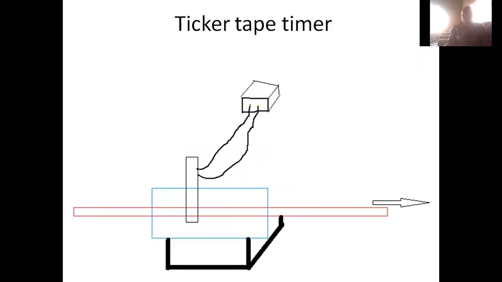Well, a ticker tape timer is a piece of apparatus which is used to measure time.